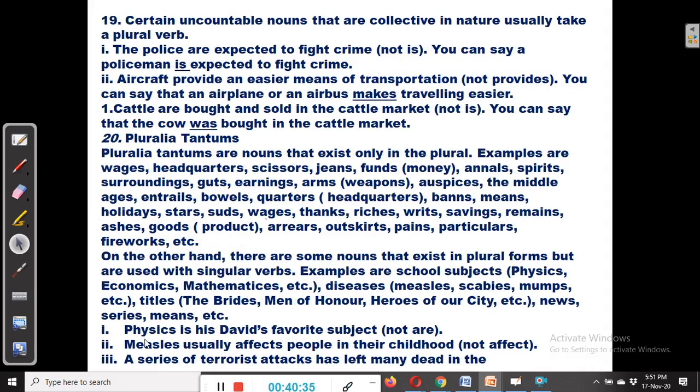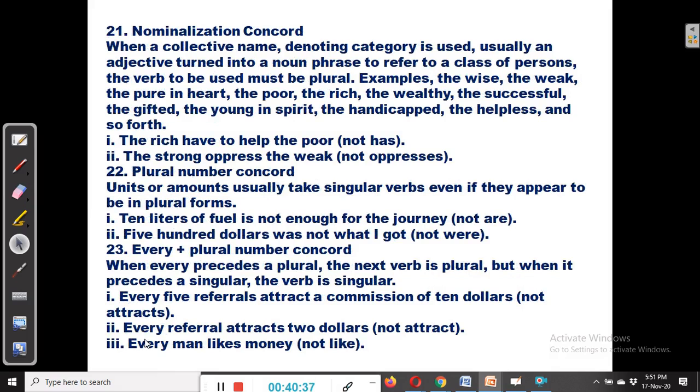And then I'm going to look at number 21, and this is the nominalization Concord. When a collective name denoting category is used, usually an adjective turned into a noun phrase, that's nominalization, to refer to a class of persons, the verb to be used must be plural.